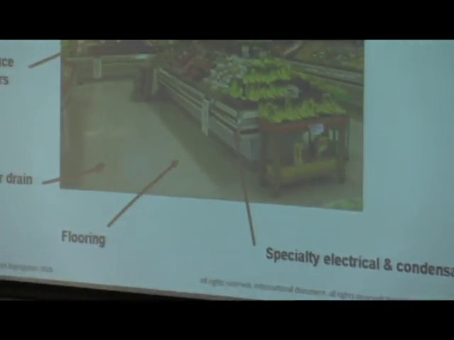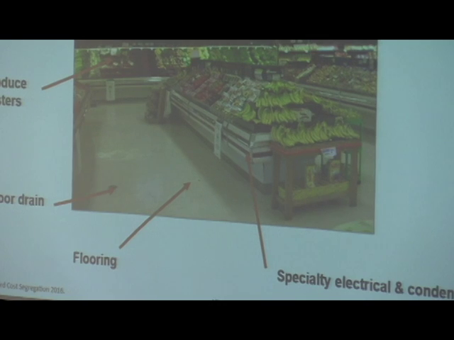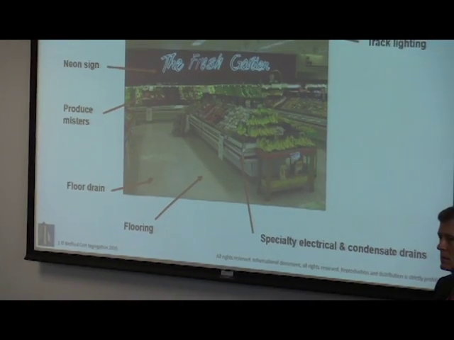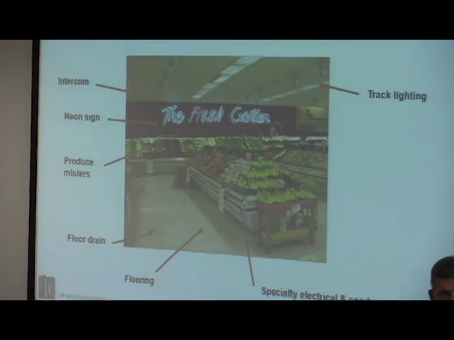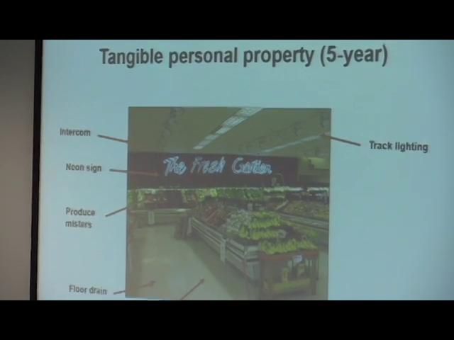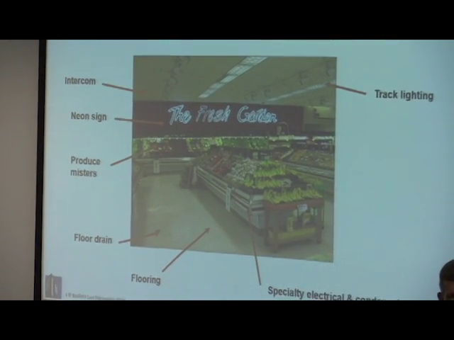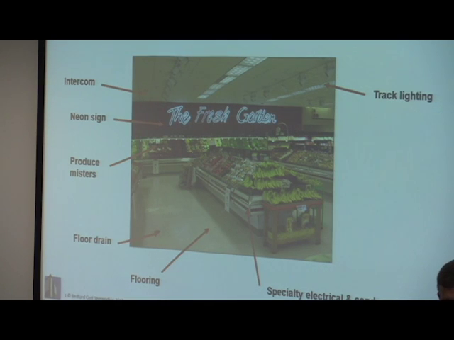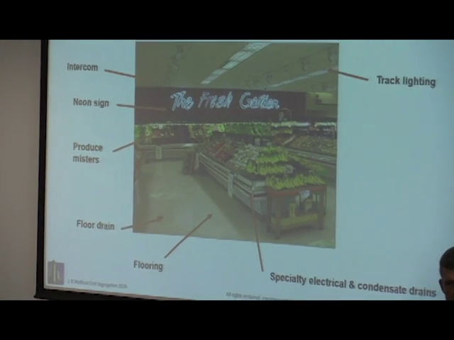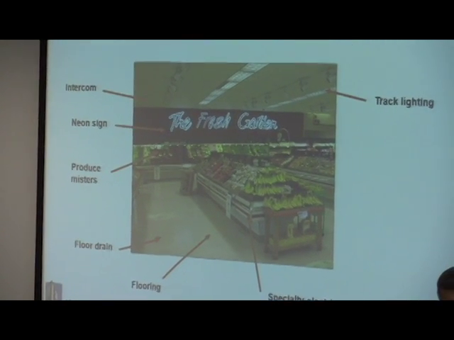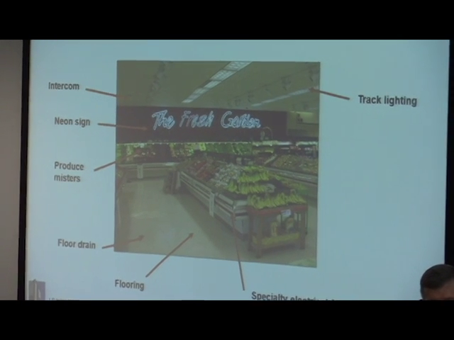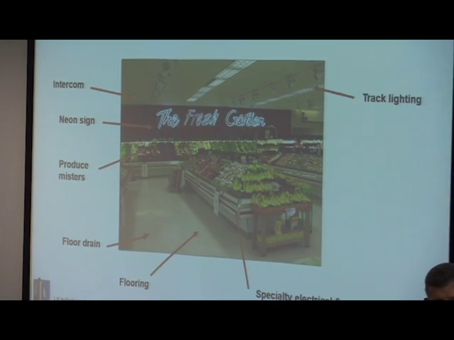What I wanted to show you on this is this asset can be broken down. Think about when you buy a building, you've got to have a roof, walls, foundation, electric, and plumbing. All of those are 39-year assets according to the IRS. But there are other components of a building that have shorter lives. For example, in this grocery store, you'll see lighting. At the top, there's some fluorescent lighting, and to the side of it, there's track lighting.